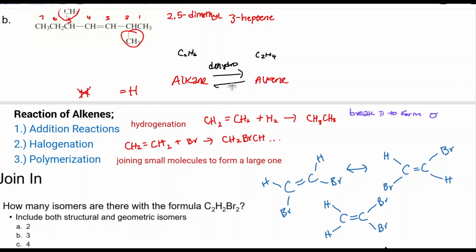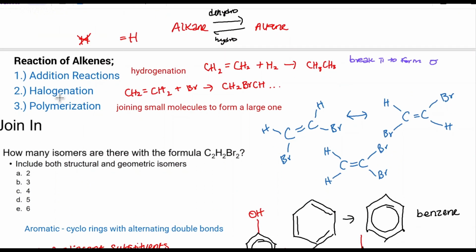While to go from alkene to alkane, you have to add hydrogen, hydrogenation, from 4 to 6, from 6 to 4. That's one thing to know. And also halogenation is here, just like in alkanes, where the H's get replaced by halogens. And then polymerization means joining small molecules to form one large one, which we'll get to later. But that's one of the reactions of alkenes.